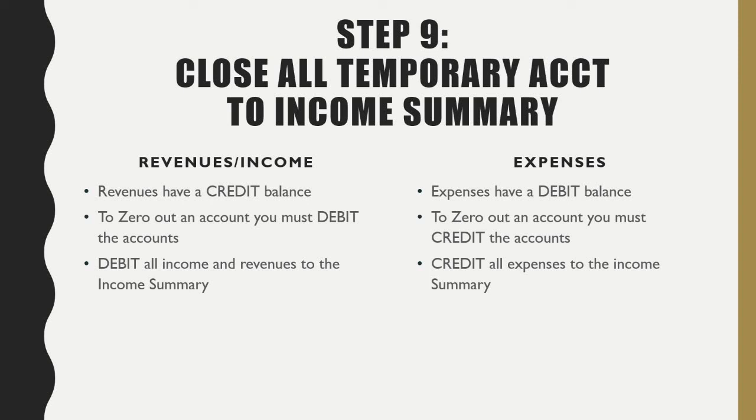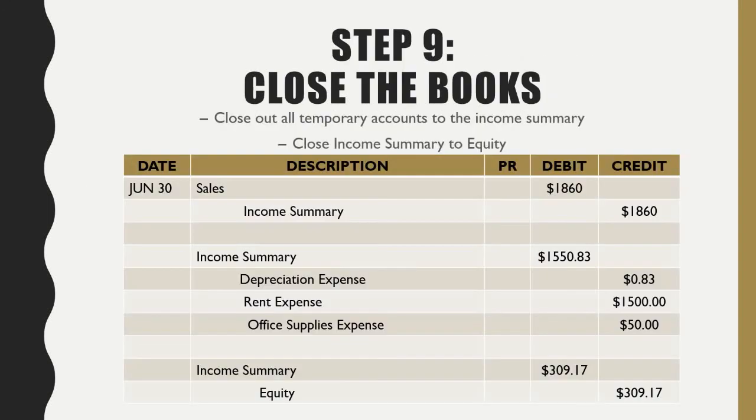Same thing with my expenses. Normally I debit my expenses, but in order to zero them out, you're going to credit your expenses out to the income summary. Now, once you've done that, you're going to journalize it just like this.